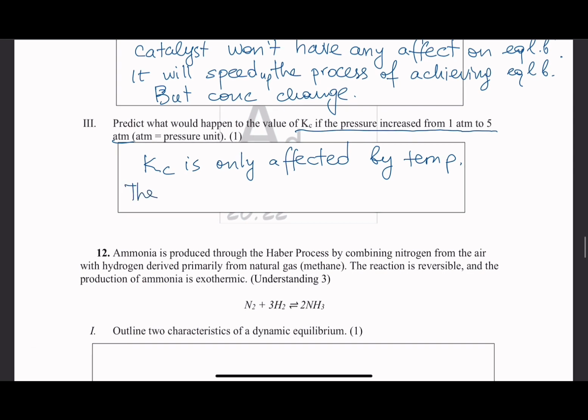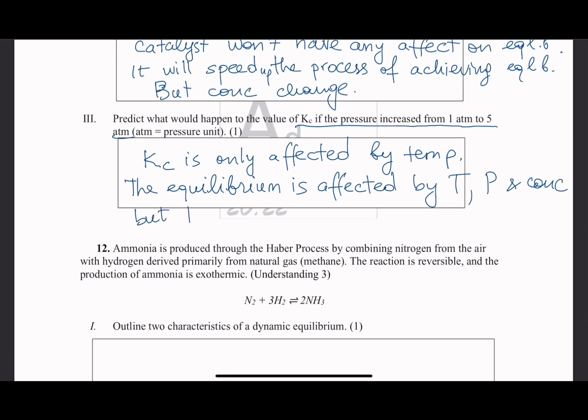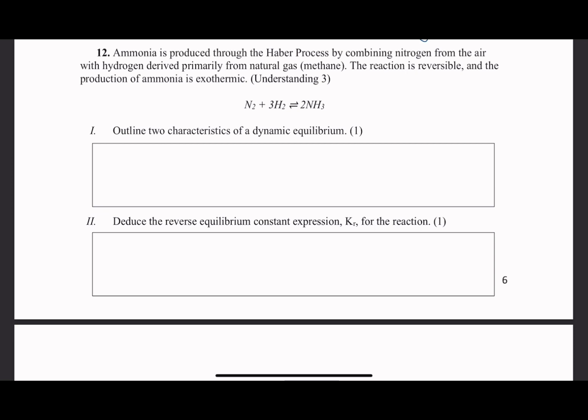Equilibrium is affected by temperature, pressure, and concentration, but Kc is only affected by temperature. On question 12, we're talking about the Haber process.